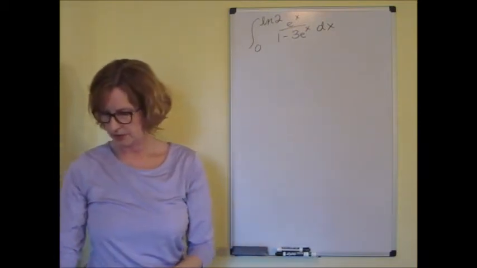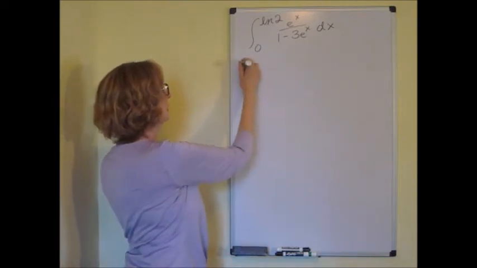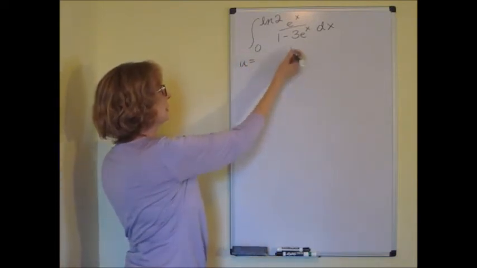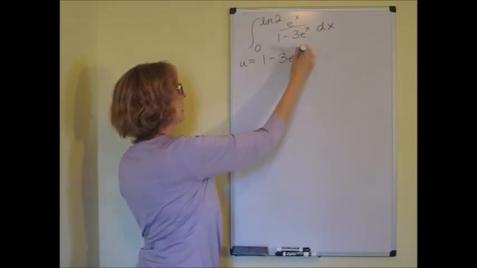Again here, when I take a look at this one, I'm going to definitely want to try a u substitution. I'm going to let u be that denominator, 1 minus 3e to the x.